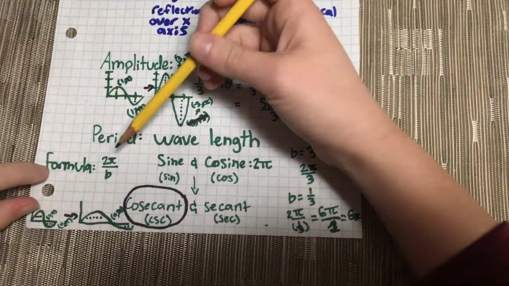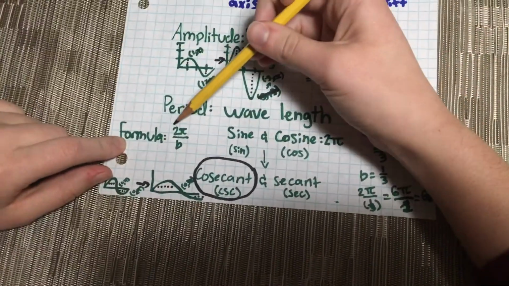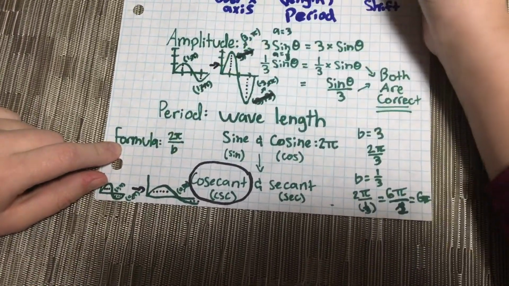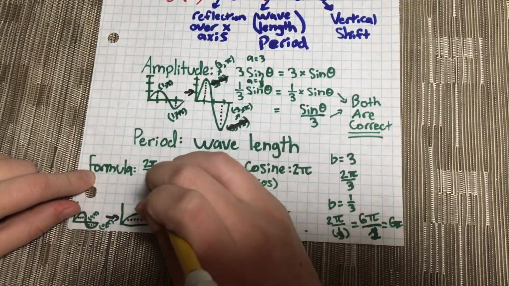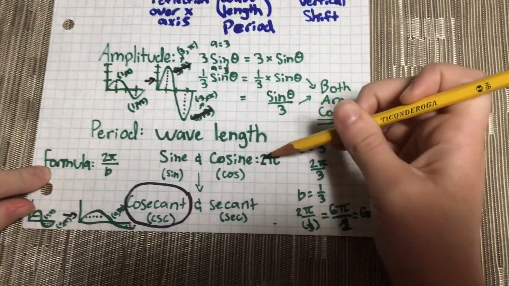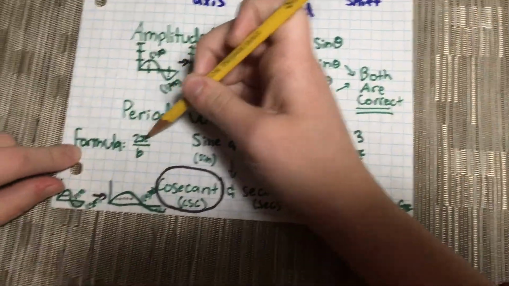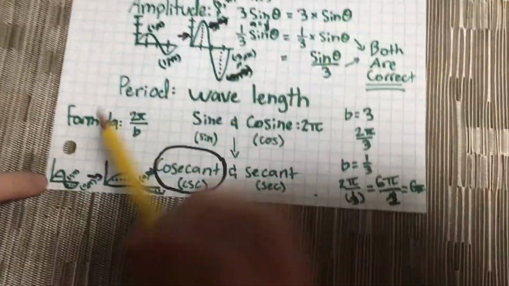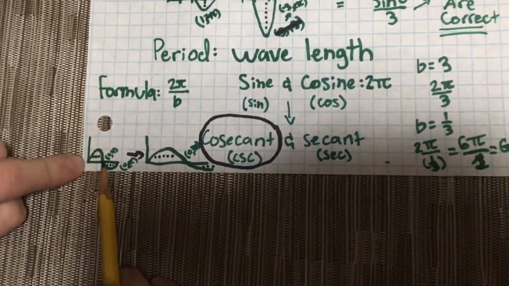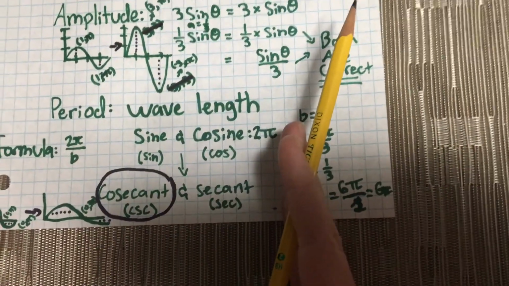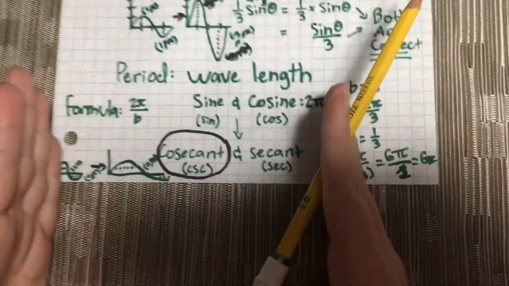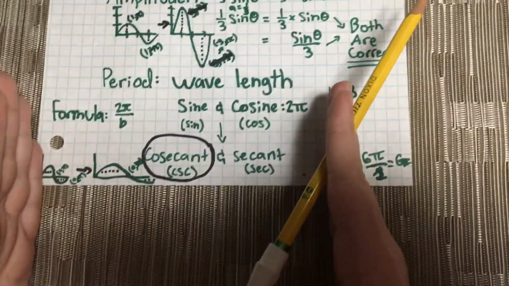So the formula is to put our period above the b. Remember the b from up here? So the period above the b. In this case, the period is 2 pi. So 2 pi over b. And again, it stretches horizontally because the period is a set amount of how long the wavelength is.